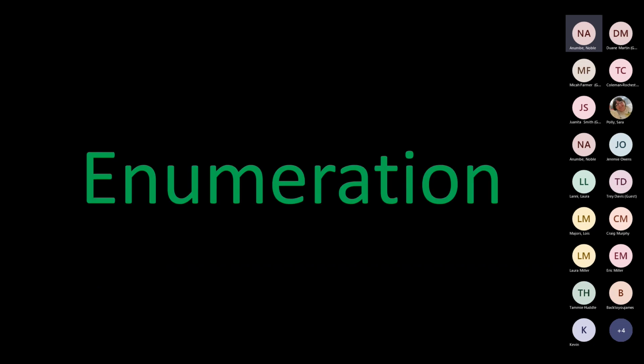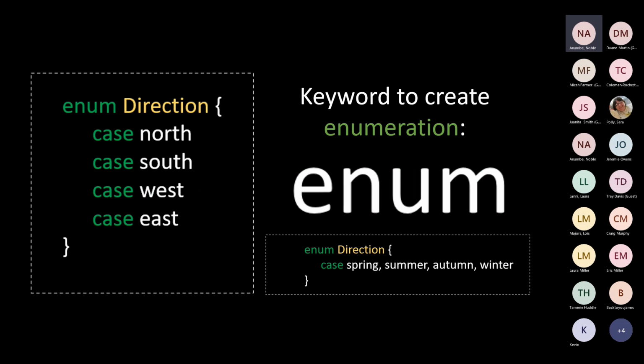So the next thing I'm going to talk about is enumerations, and we are coming close to finishing this so that we can move to the next. I'm not sure we talked about this yet in any capacity, but enumeration is used to define a list of possible related values.